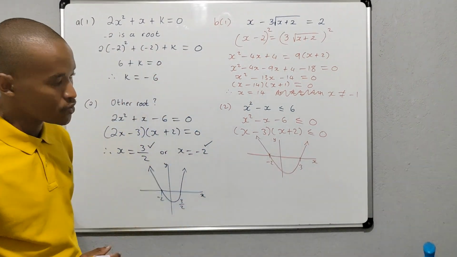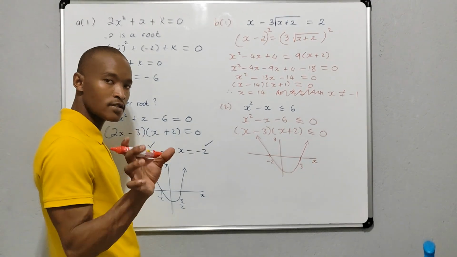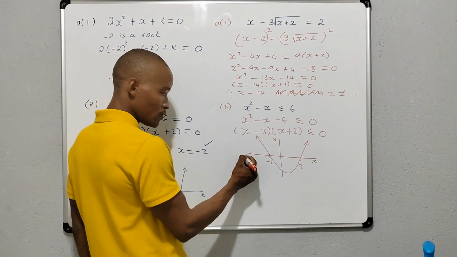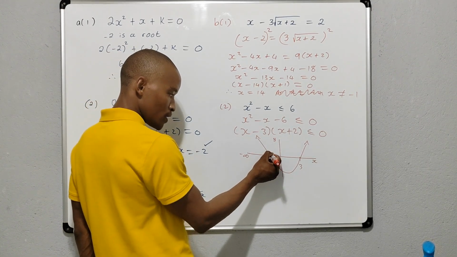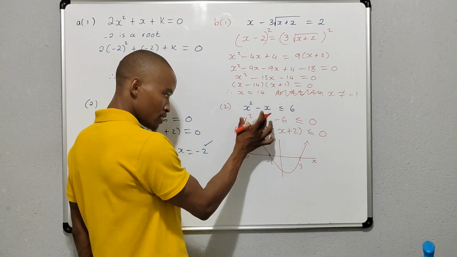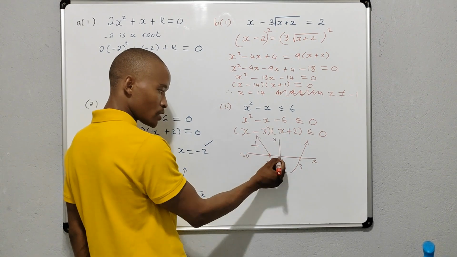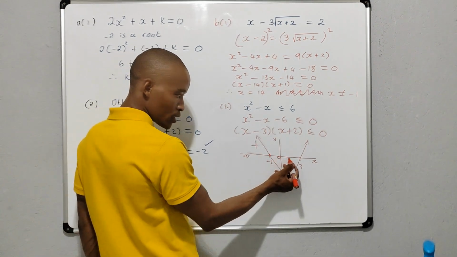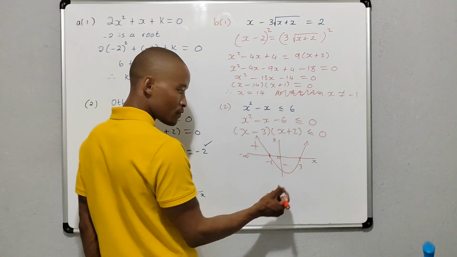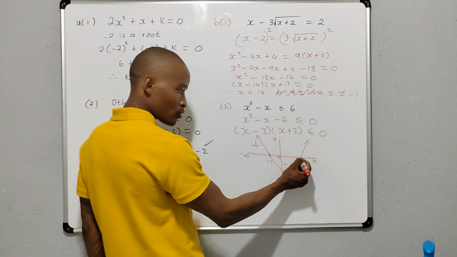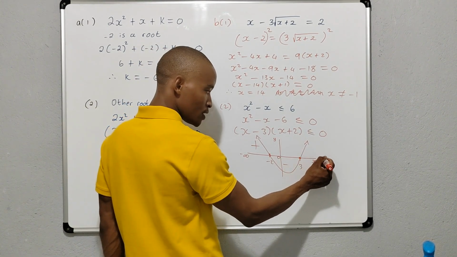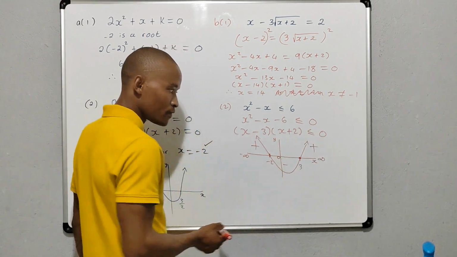Good. So what are we going to check? The interval where the y values of the function will be negative. So from negative infinity all the way to the first root, where is the graph? It is above. So here the y values are positive, right? Between the roots, or between the critical values, the graph is below the x-axis, so the y values will be negative. So now, from our second critical value to infinity, the graph is above, so we have positive y values there.